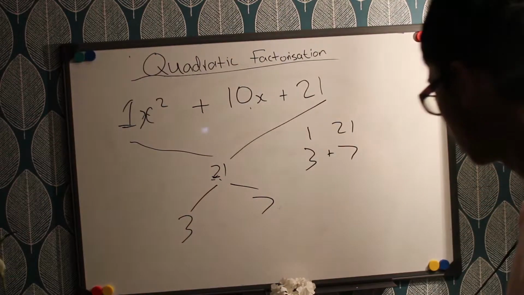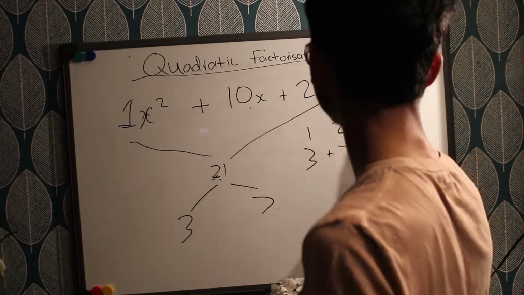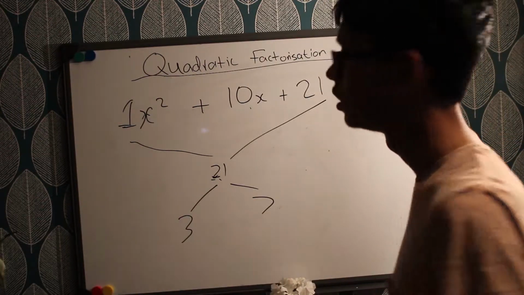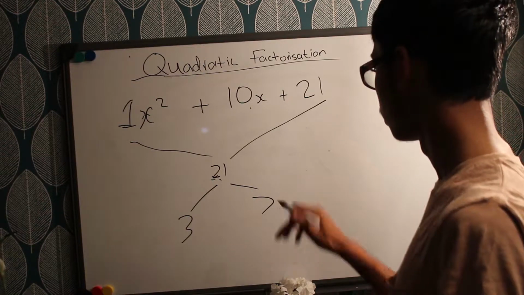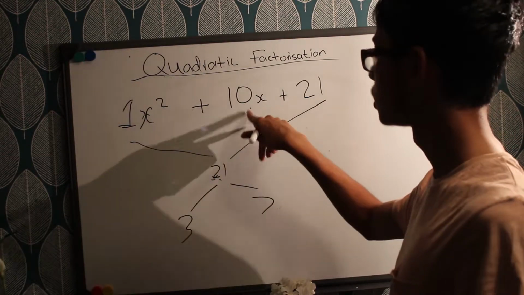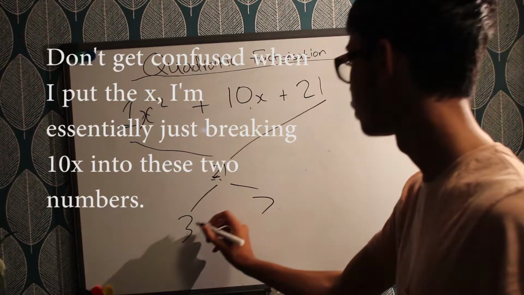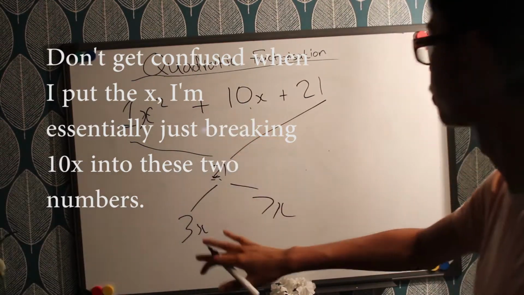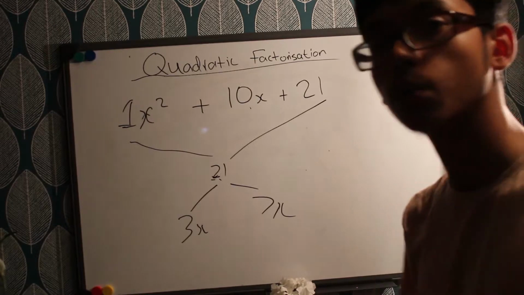So then we go into our next stage. Always write out your factors if you want to find this. We break the middle term down into these numbers, writing x next to them. We're essentially breaking this down into 2 smaller terms that can work with the equation.